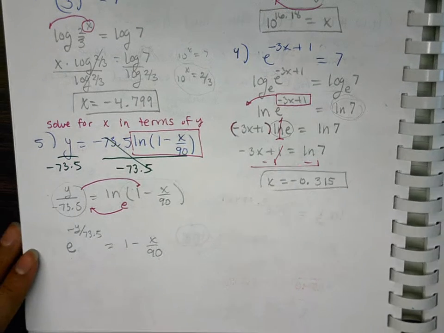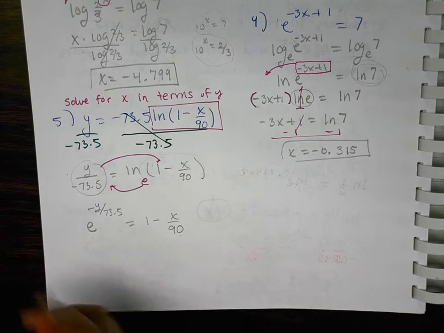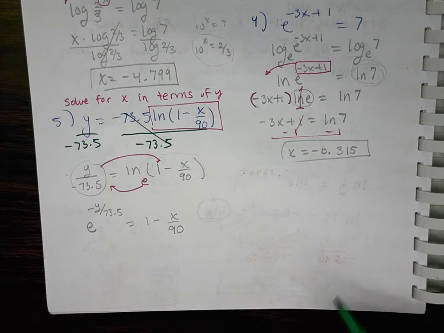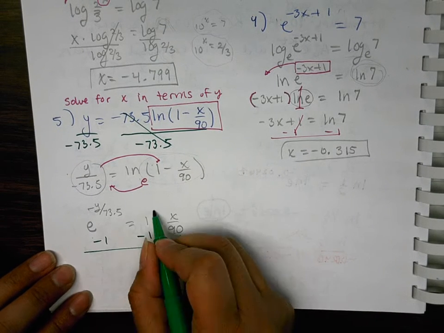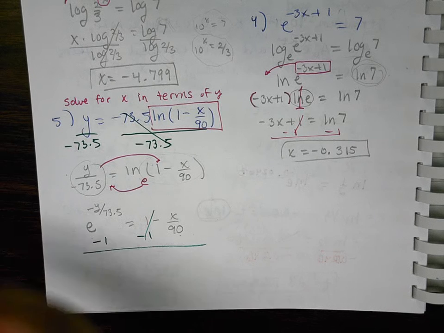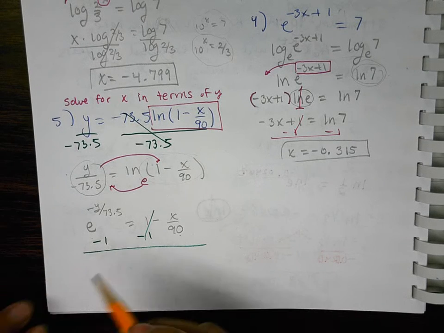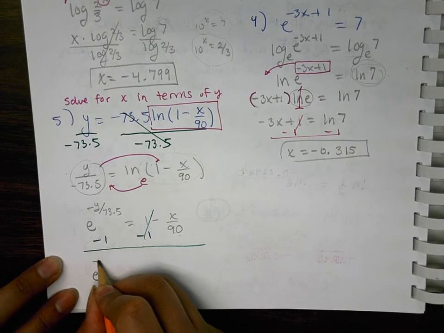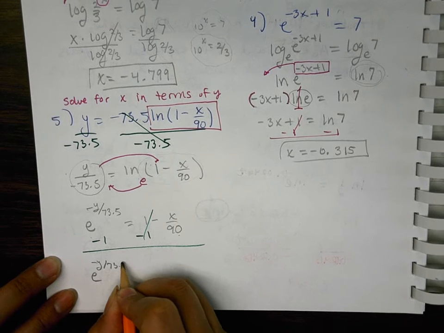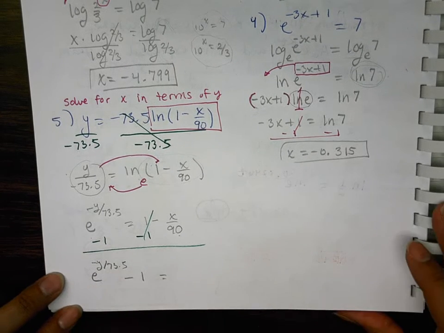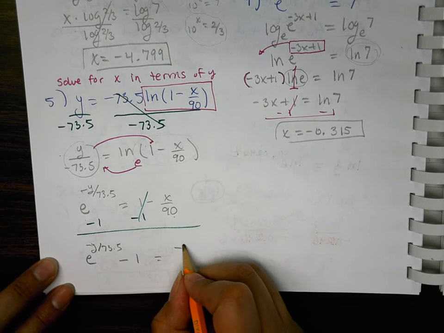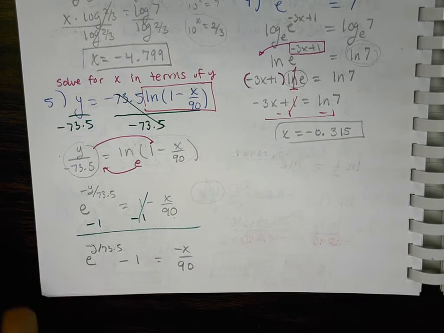All right, I want to solve for x, so what should I subtract from both sides? Minus 1. Now, is that minus 1 going to become part of the exponent? No. It's not. It's e to the negative y over 73.5 minus 1 equals what? Good job. Negative x over 90.